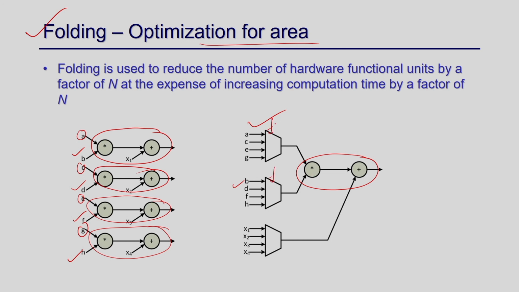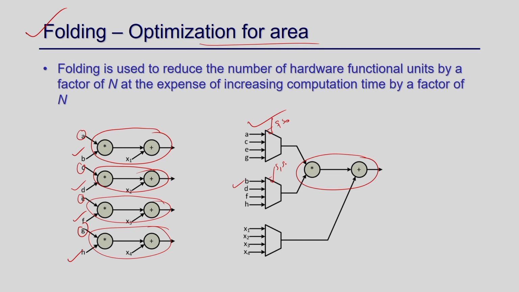I can have a 2-bit signal now, S1 S0. If it is 0 0, then A into B is going to happen. If it is 0 1, then C into D is going to happen. If it is 1 0, then E into F, and if it is 1 1, then G into H is going to happen.